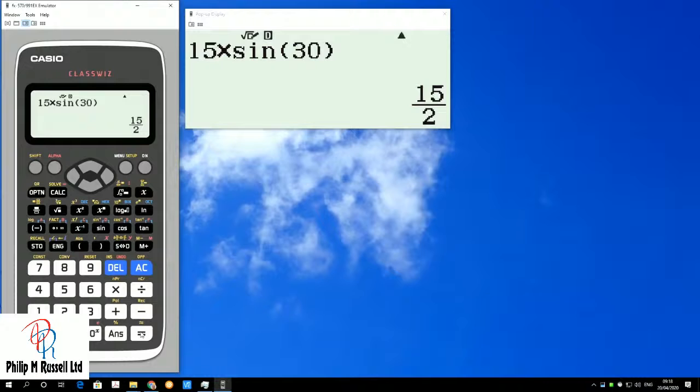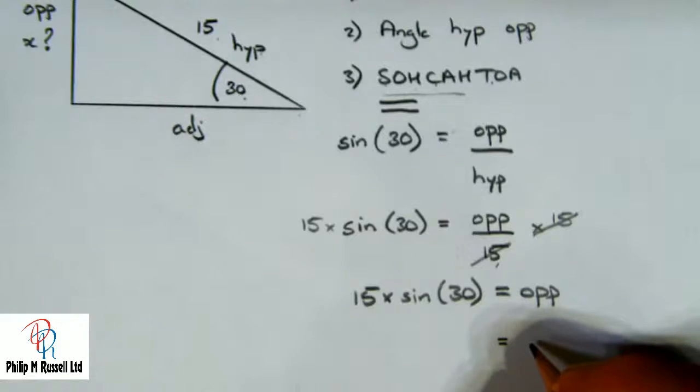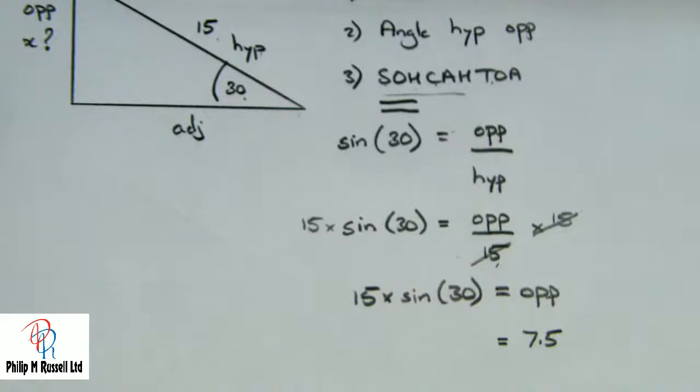And that gives me the answer 15 over 2, which we're going to say is 7.5. And I've calculated that side. Okay, let's go and have a look at another one.